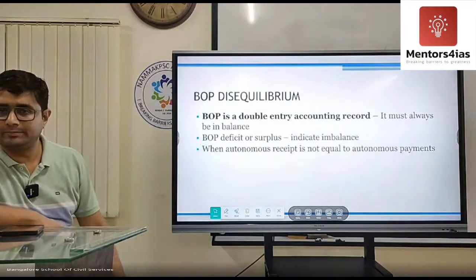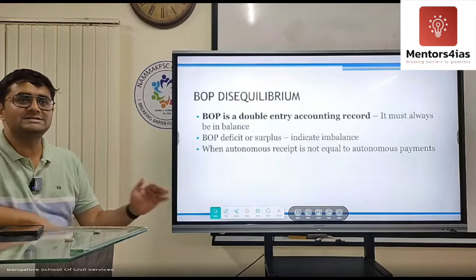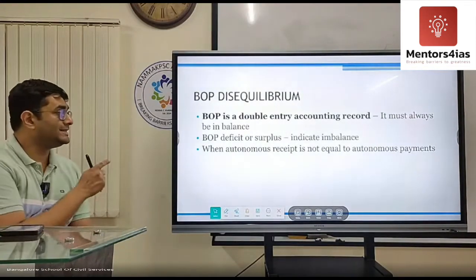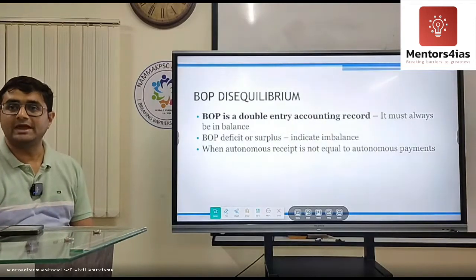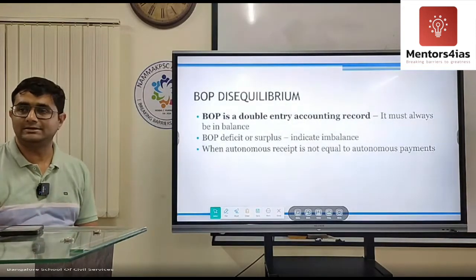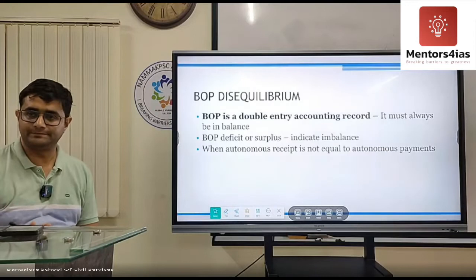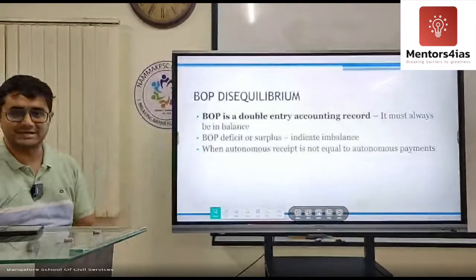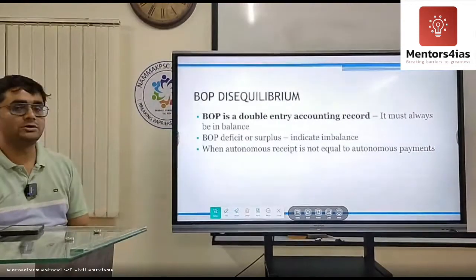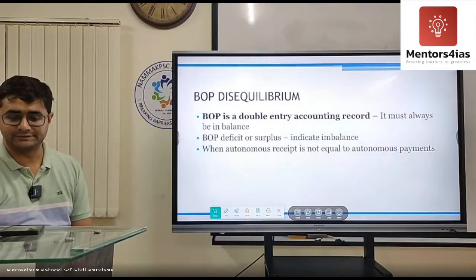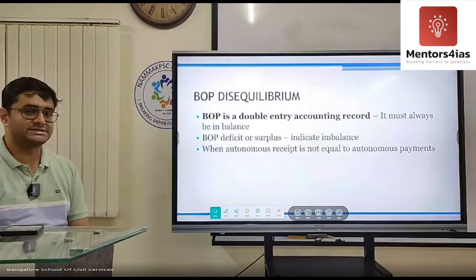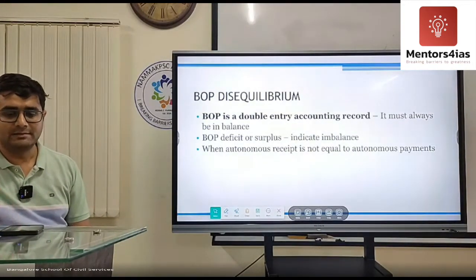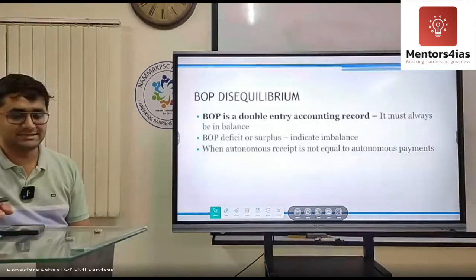Surplus is not a problem, because when there is a surplus, we will increase our reserves. But when there is a deficiency, then we have to meet that through our reserves. So what is balance of payment disequilibrium? When autonomous receipt is not equal to autonomous payments, it is called balance of payment disequilibrium.